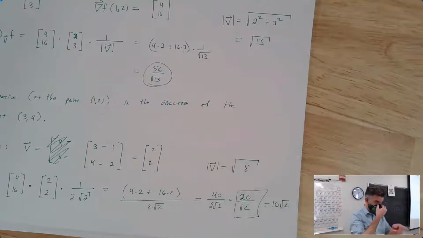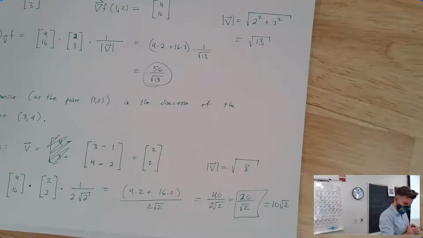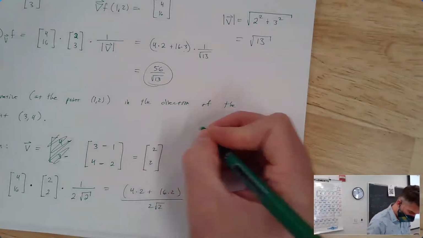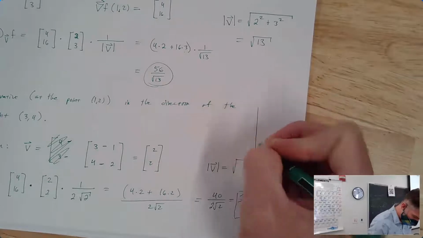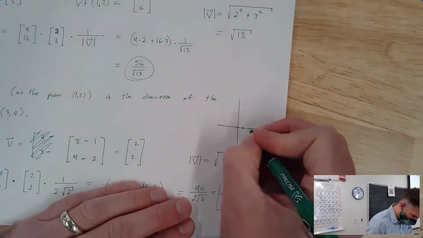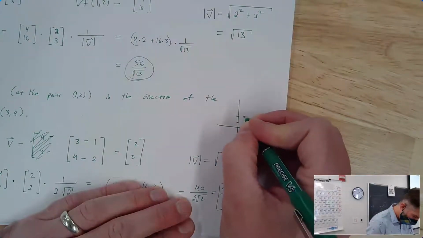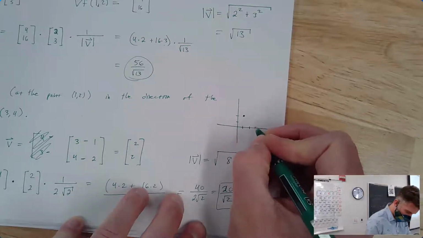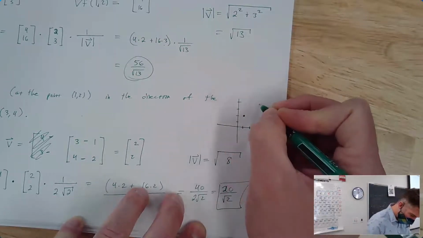Questions before we do that? Why did you subtract 3 minus 1 and 4 minus 2? So here's why. Because I was starting at the point 1, 2 and I was going in the direction of the point 3, 4.